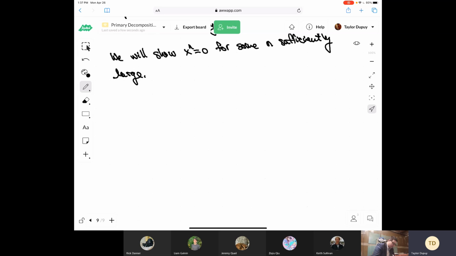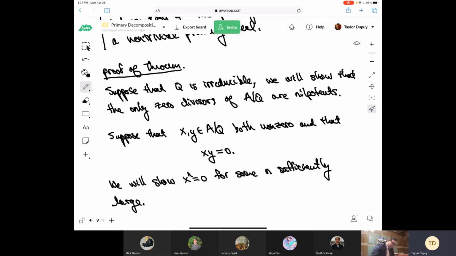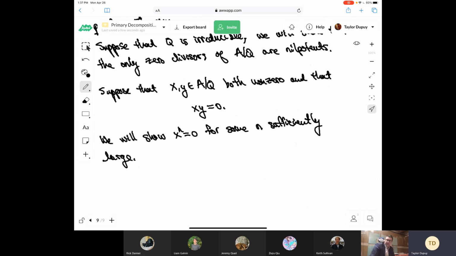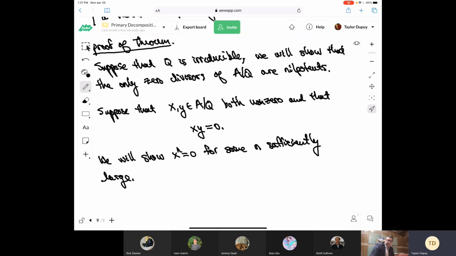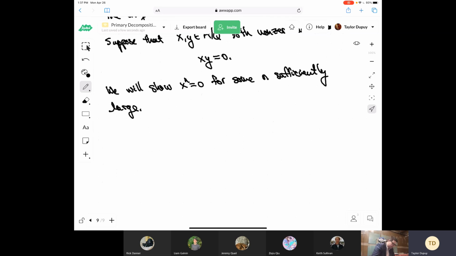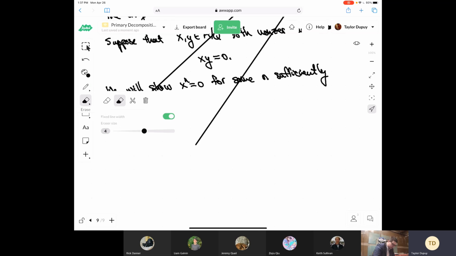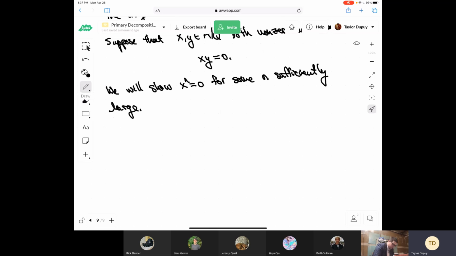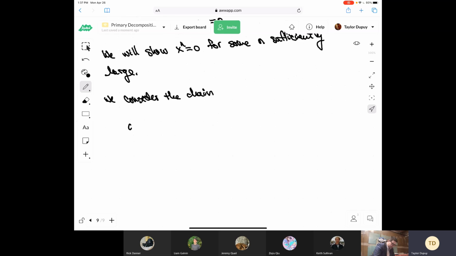Since we're going to be using Noetherianity, you expect there to be a chain of ideals, and so here's the chain. We take the annihilator of x.